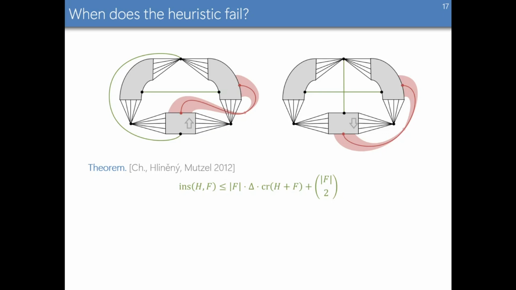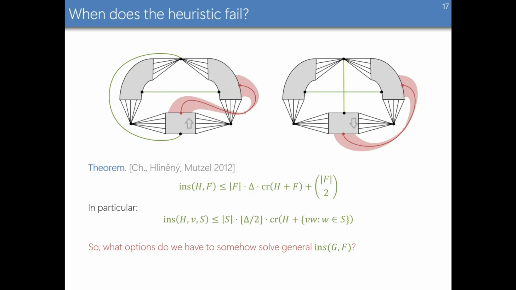It will not be too far away. Essentially, for every edge that you add, you have to add delta many crossings at most compared to the optimal solution, plus some additive term. If it's just the star insertion, then the ratio gets a bit better. So it would be interesting to solve multiple edge insertion, but the problem is hard, so what can we do?